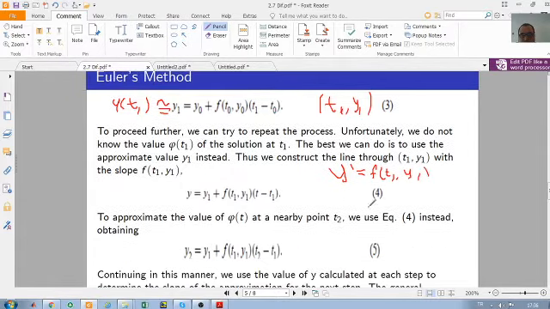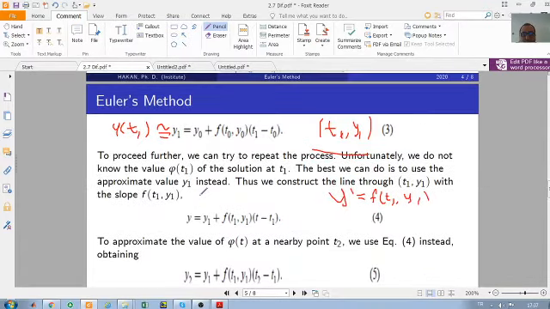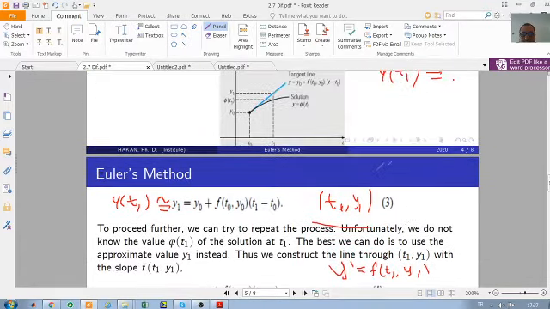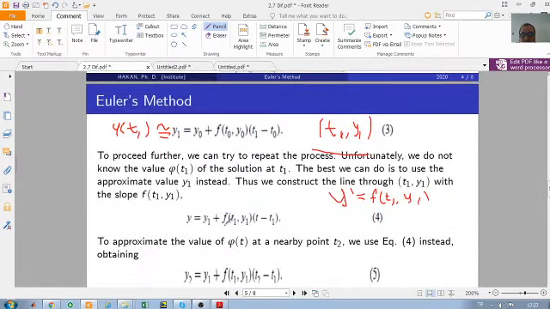So the new tangent line for the new point will be, using the general formula written here, y minus y1, because the new point has y1 for the second component, and the slope is f of t1, y1 times t minus t1.